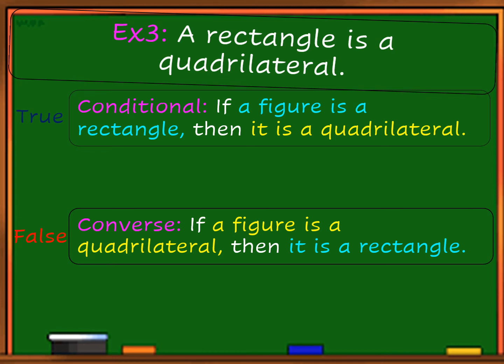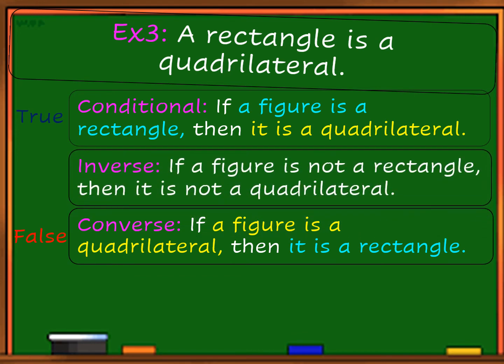The inverse of the statement is, if a figure is not a rectangle, then it is not a quadrilateral. And like the converse statement, the inverse statement is also false because trapezoids, squares, and parallelograms are not rectangles, but they are all quadrilaterals.